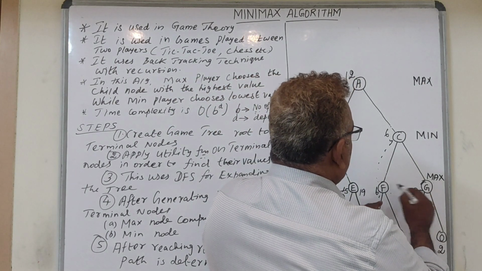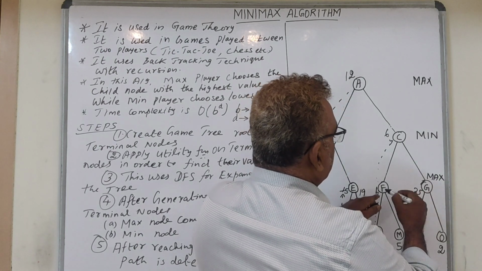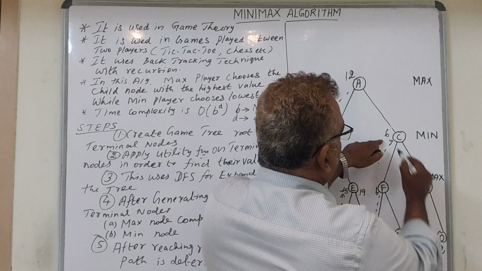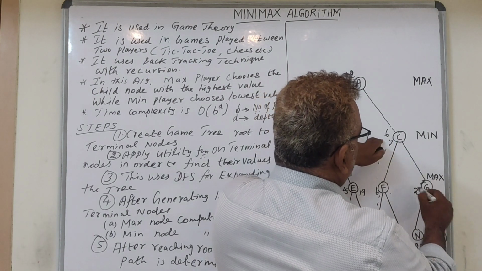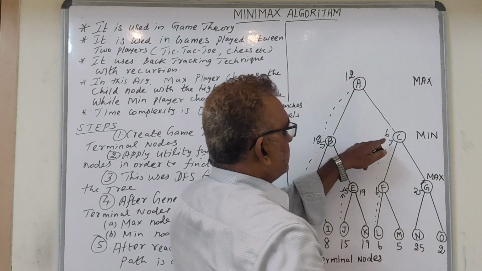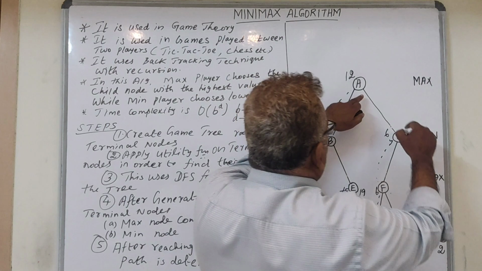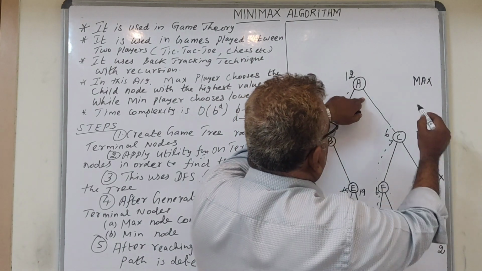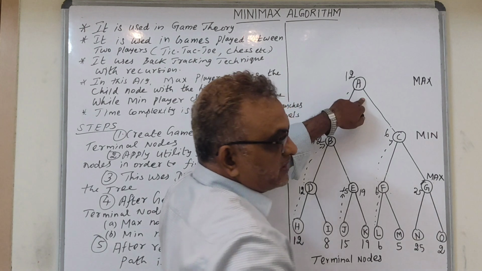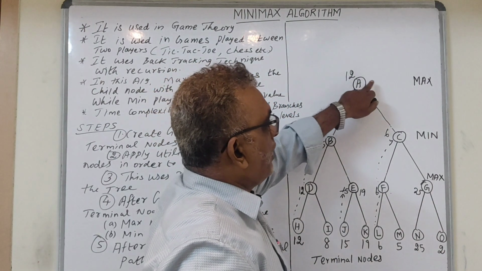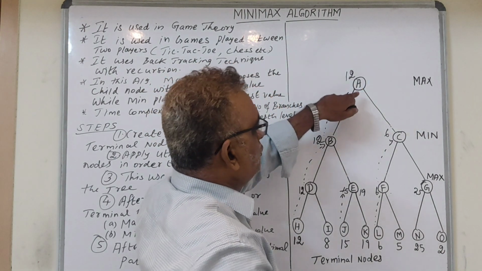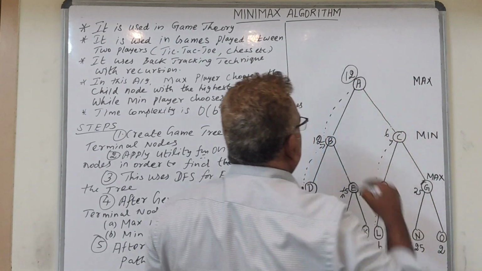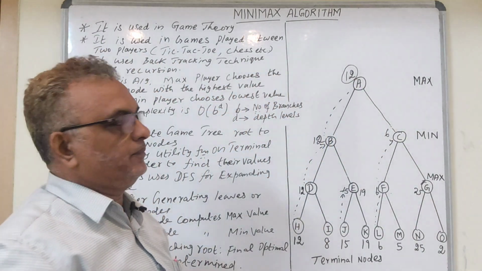Now we compare these two, and again we have to consider only the minimum value. So 6 is the minimum value, so this value will not be considered here. And now again we compare this with this value, 12 and 6. We have to consider only the maximum value. So 12 is greater than 6, so the final value of the root is 12.